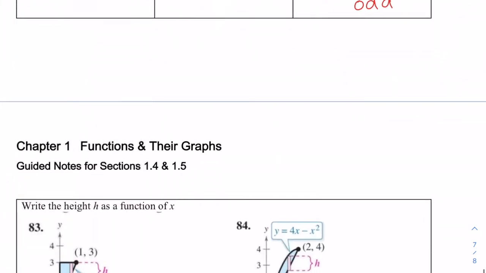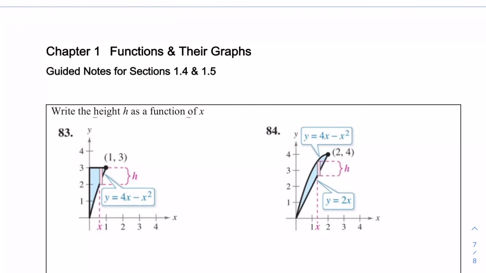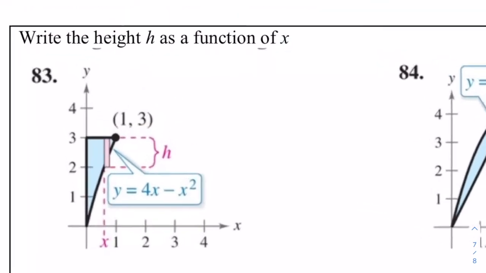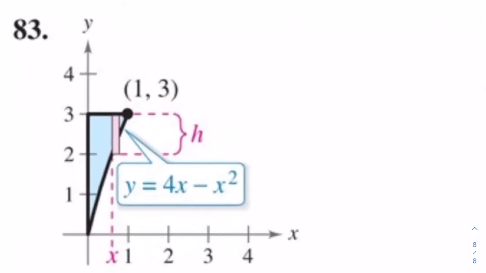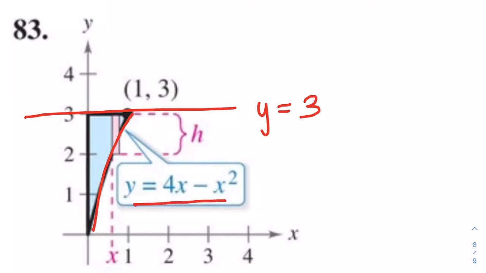Now let's go to one more thing with functions. And right here for these two functions, we're actually going to try to find the height between these two functions. So the functions that are shown are y equals 3, and then this graph y equals 4x minus x squared.